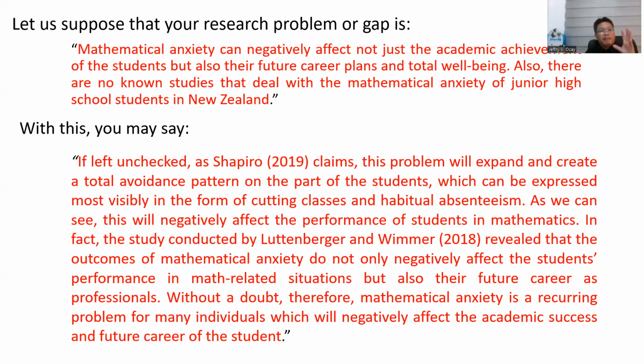This is our problem. Mathematical anxiety can negatively affect not just the academic achievement of the students, but also their future career plans and total well-being. Also, there are no known studies that deal with the mathematical anxiety of junior high school students in New Zealand. And so with this, you may say, if left unchecked, as Shapiro claims, this problem will expand and create a total avoidance pattern on the part of the students, which can be expressed most visibly in the form of cutting classes and habitual absenteeism.